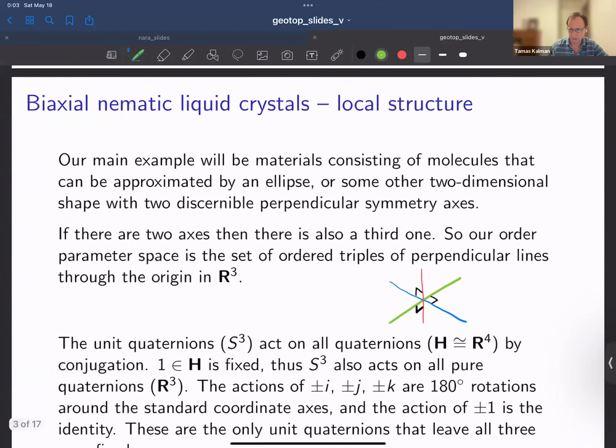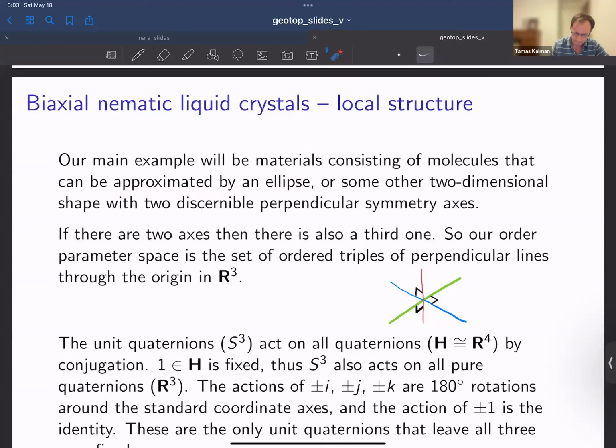So let's be specific here. Some of what I say will apply in some sort of general setup, but it's nice to have a concrete example in mind. And for most of this talk, that's going to be biaxial nematic liquid crystals. And as you very well know, this is the kind of physical system in which there exist molecules that can be modeled or approximated by some kind of an ellipse or other shape, which has symmetry.